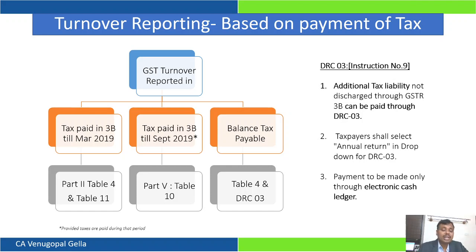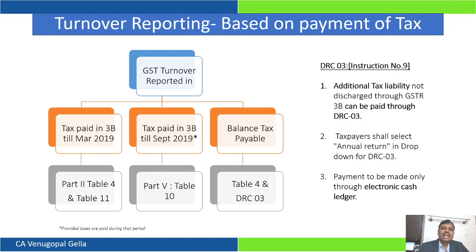I did not realize that I have not paid through GSTR 3B also. I now realized while filing GSTR 9. So, wherever it is now realized, the balance tax payable which is not paid has to be paid using DRC 03. We have a chapter, we will discuss more on DRC 03, but if something is missed out, that can be paid through DRC 03.